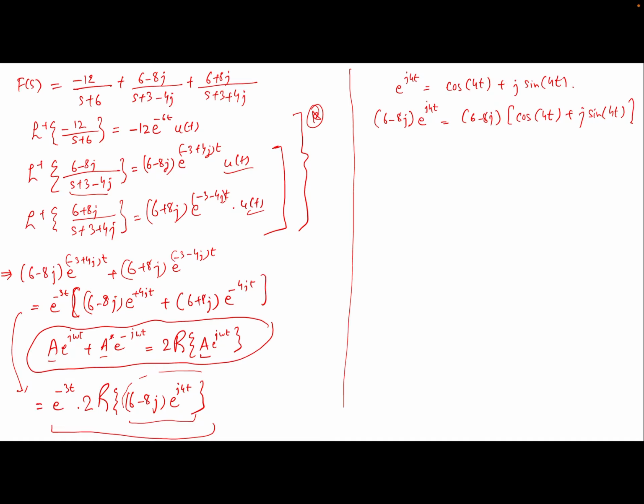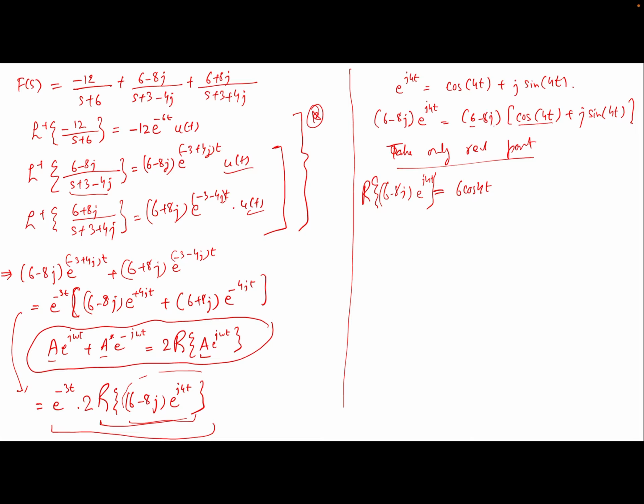Since I'm only interested in taking the real part of this, take only the real part. So if I multiply this out, the real part of 6 minus 8j e raised to power j4t is 6 cos of 4t. 6 times j sine of 4t will be taken out because we are only considering the real part. Minus 8j cos 4t will be taken out as well.